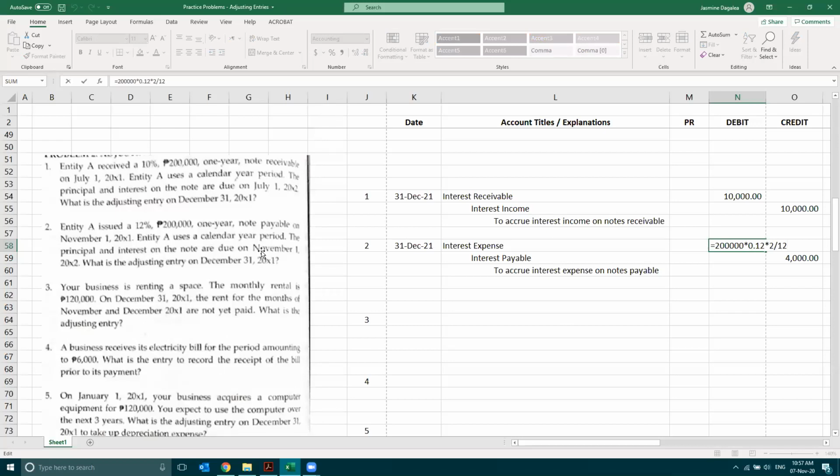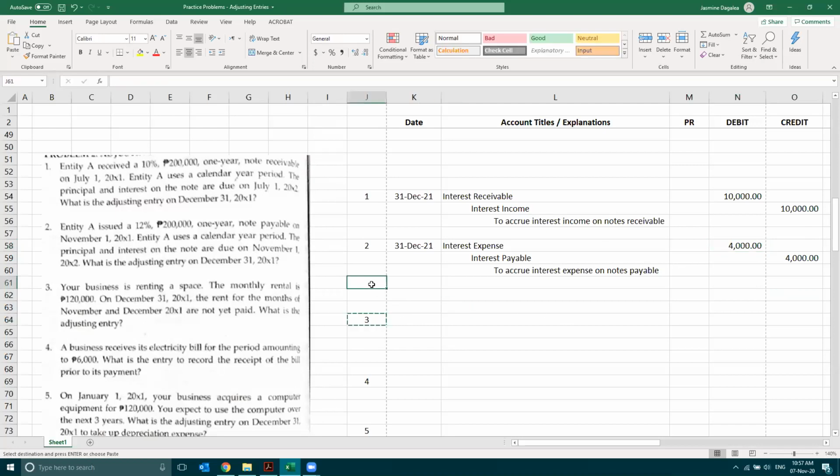November and December nyo lang i-accrue yung interest expense. So, yung cut-off nyo is December 31. So, 2 months lang which is 4,000.